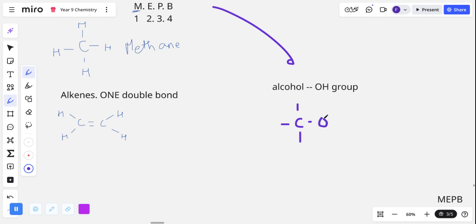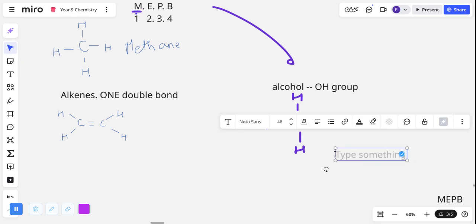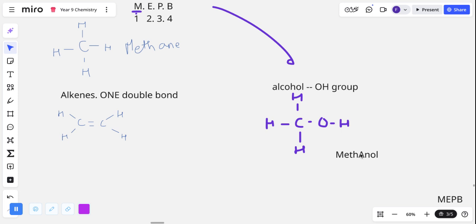Let's pop an OH on, and we'll have H, H, H. This is 1 OH, and an alcohol has 1 OH group. This is 1 carbon, 1 is M. This is methanol. That's not a capital letter, I've put it there so you can see how I've named it. We did this last week. So we've got alkanes, alkenes, alcohols.